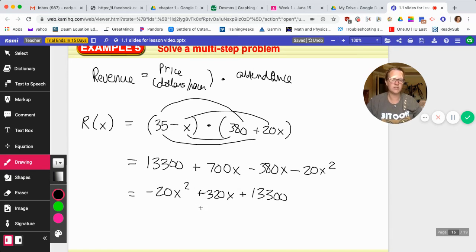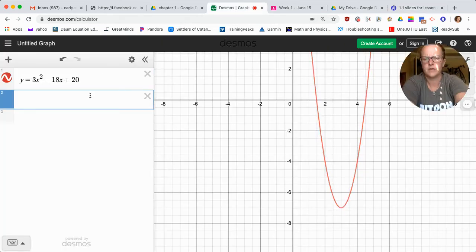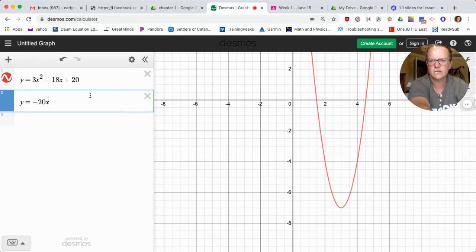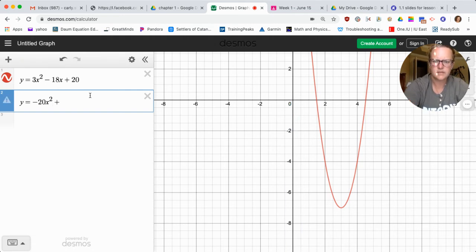And I'm going to grab that equation and put it into Desmos. y equals negative 20x squared plus 320x plus 13,300. Way too big.